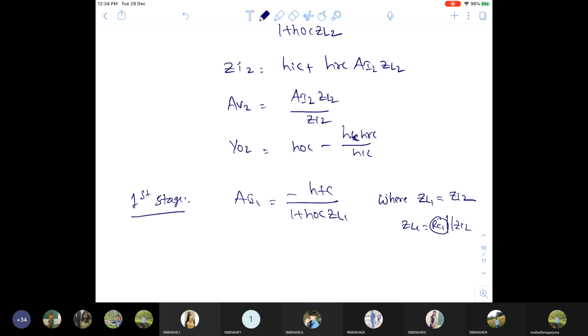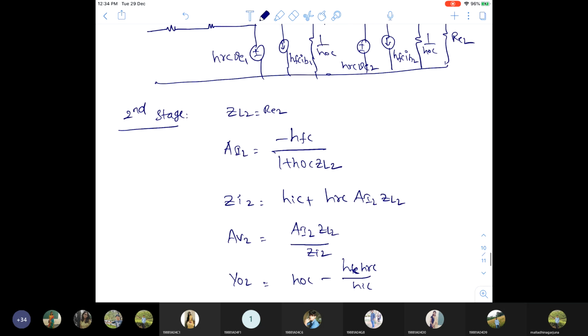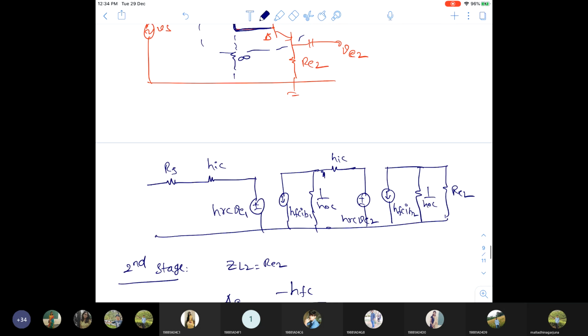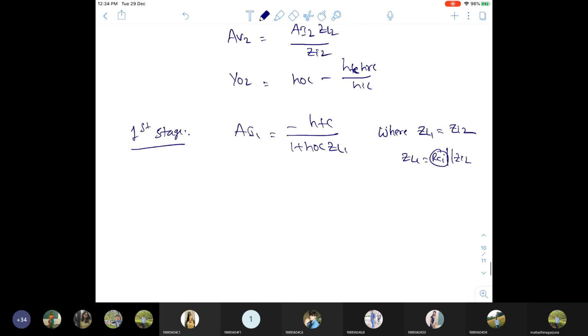But here there is no output resistance. Directly connected, there is no output resistance. You can say that this is infinity resistance. It is open circuit, so infinity parallel to input impedance of the second stage, and you will get the second stage input impedance only. So ZL1 is nothing but ZI2.